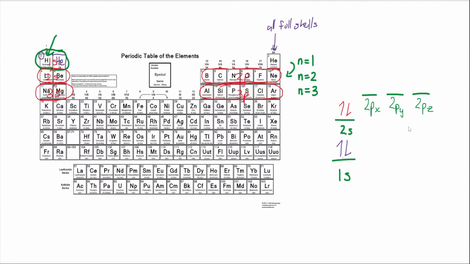And so when we say 2p6, we're talking about neon. And when we talk about 3p6, that means that we have all of the electrons in the 3p. That means we're argon. Okay?